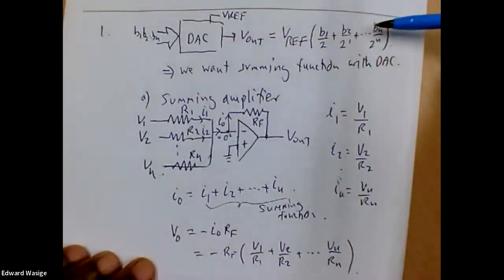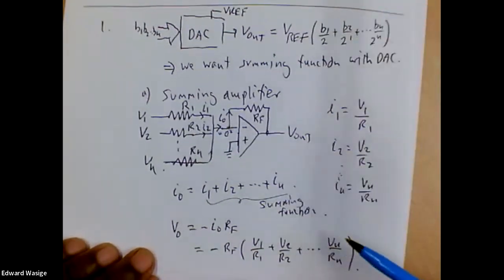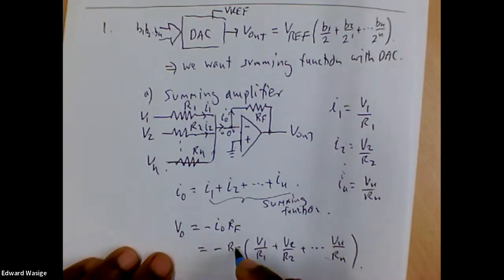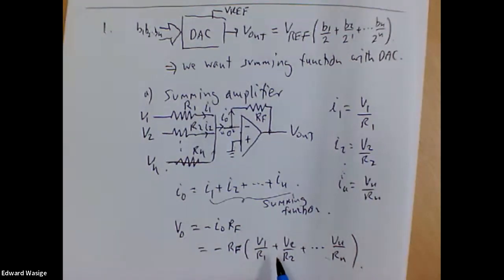So if you compare this expression with this expression, you can see that if we make good choices of V and of R and RF, the two expressions will be identical.